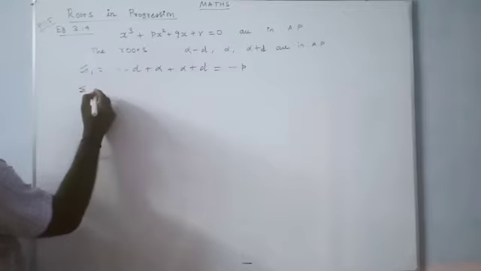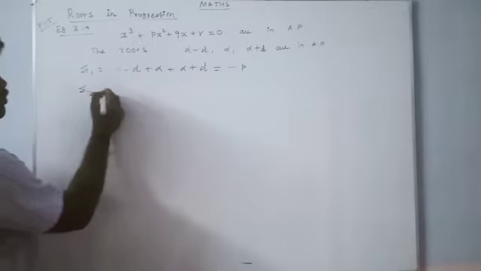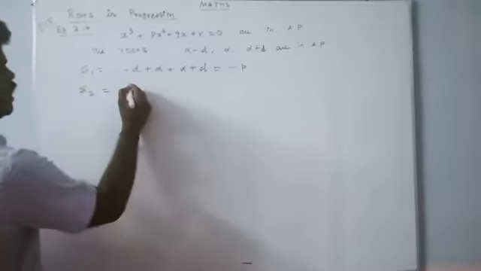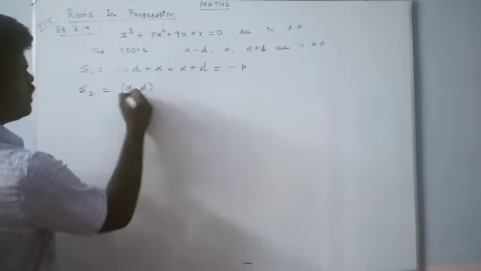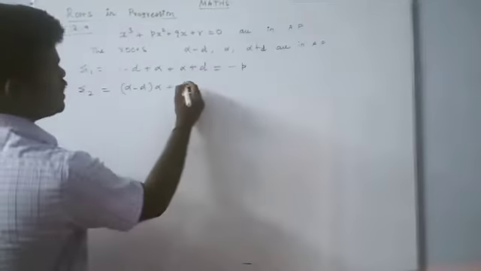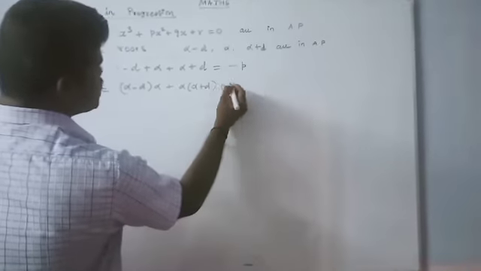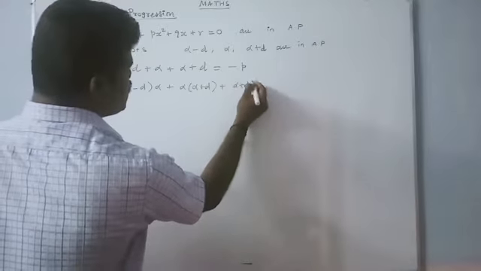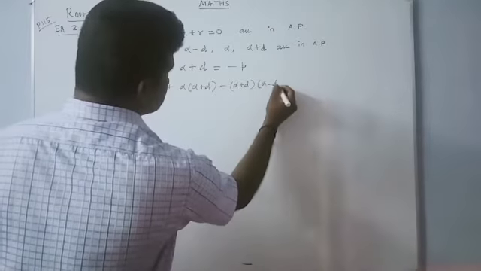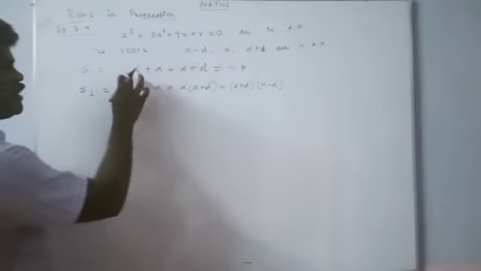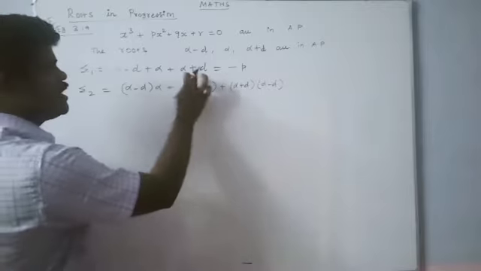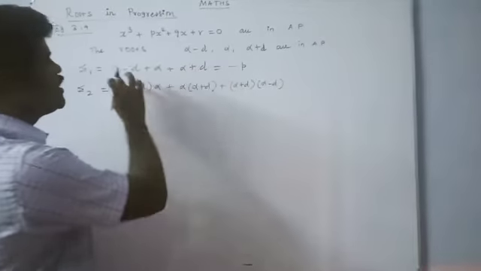And summation 2 is equal to alpha minus d into alpha plus alpha into alpha plus d plus alpha plus d into alpha minus d. Product of first and second plus second and third plus third and first.